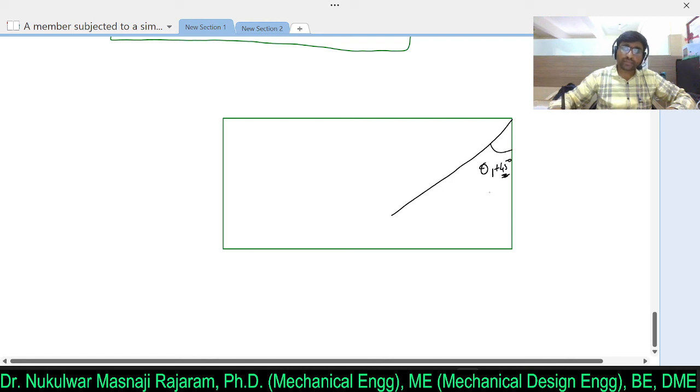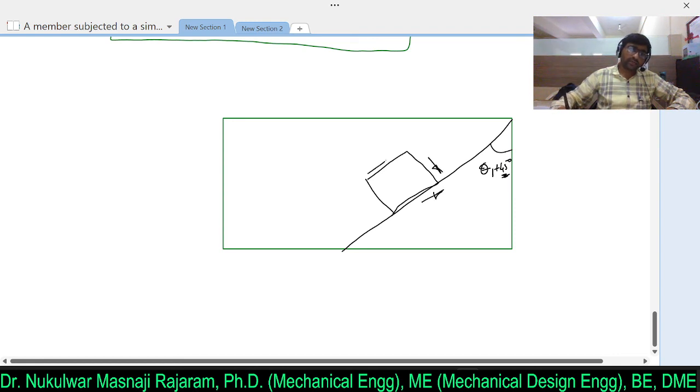So at 45 degree we get the maximum shear stress. So here again I can redraw the shear stress plane. So here maximum shear stress will act on this particular plane. Clear? So this will be the position of maximum shear stress value.